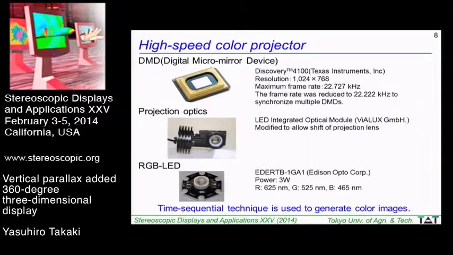The frame rate was reduced to 22.222 kHz to synchronize multiple DMDs. The projection optics was modified to allow the shift of the projection lens. The LED that illuminates the DMD was replaced with an RGB LED, so the time-sequential technique is used to generate color images.